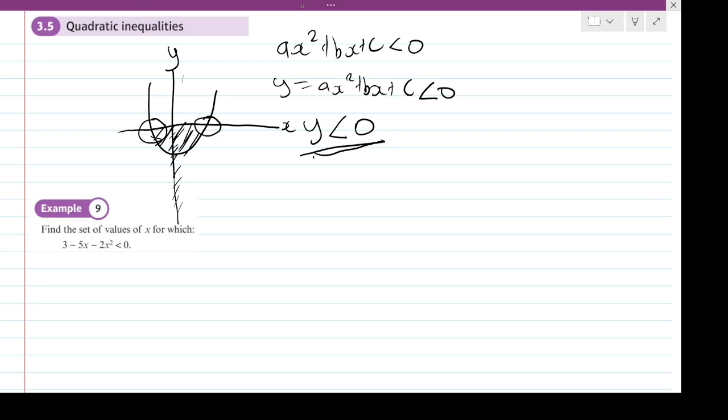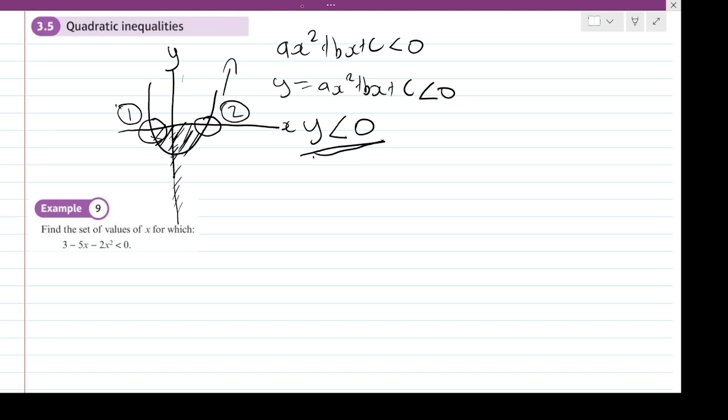At this first point is when it first goes below the x-axis. Then it comes back upwards at the second point here, and then it goes above the x-axis, when y is positive. When y is positive, that'd be y greater than zero, but we want y less than zero in this instance. So the points we're interested in are the points between 1 and 2.